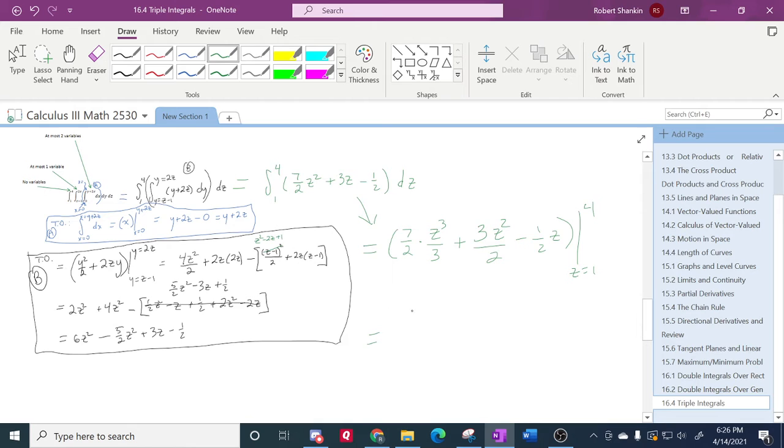And then when I plug in 4, 7/2 times 4 cubed is 64 over 3 plus 3 times 16 over 2 minus, I plug in the 4, I get 2, and then when I plug in the 1, I'm going to get 7 6 plus 3 halves minus 1 half.